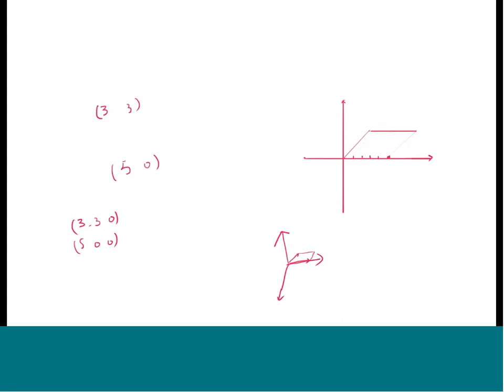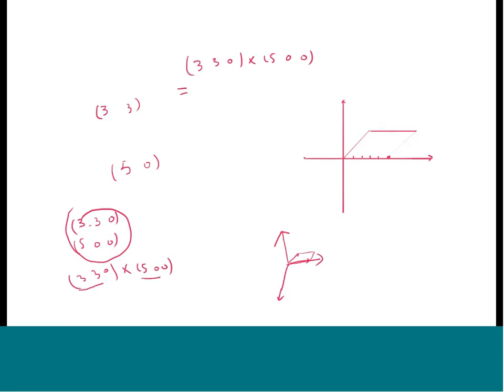Then the length of the cross product is the area of that parallelogram. That's the definition, right? We just add one more dimension to the two vectors. So 3, 3, 0 cross 5, 0, 0. Do you remember how to calculate this?